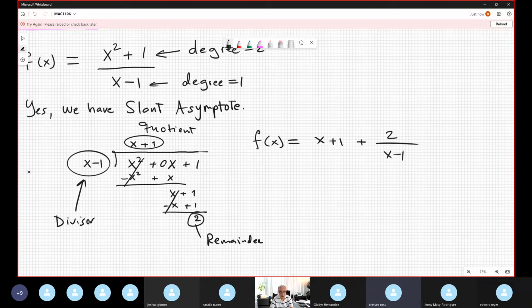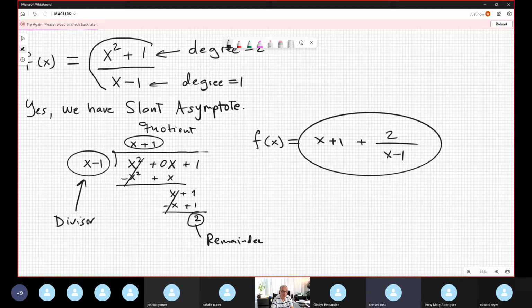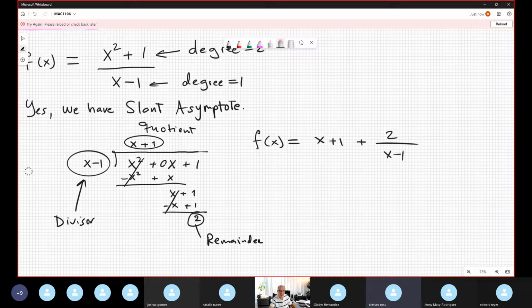Okay, I guarantee you 100% that this expression is equivalent to the original. But on the original, you don't see anything. I am totally lost. However, in this one, it is more clear. That part is the slant asymptote.